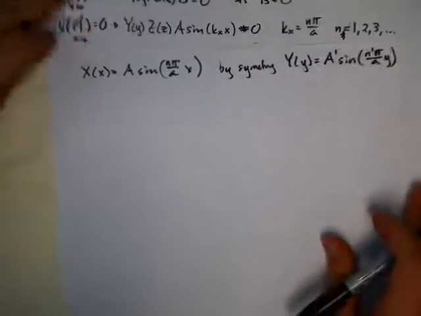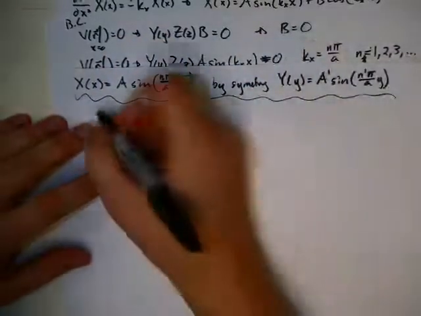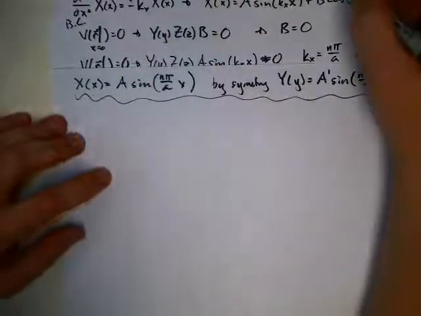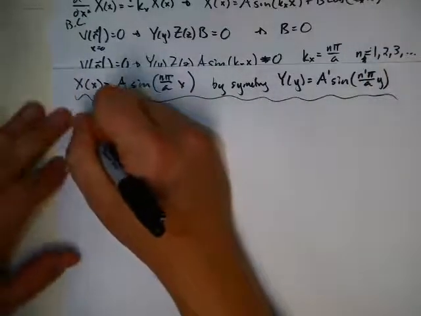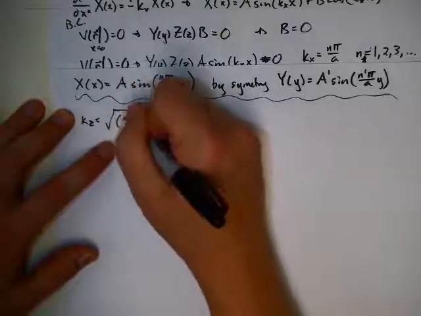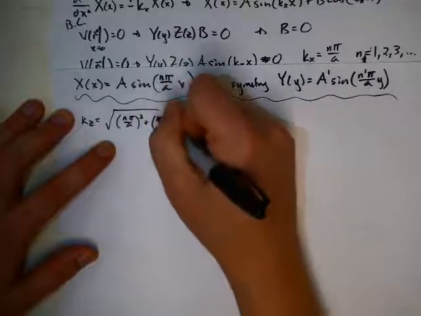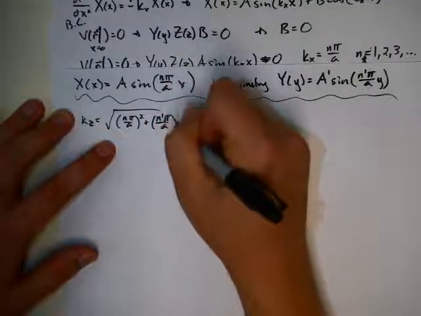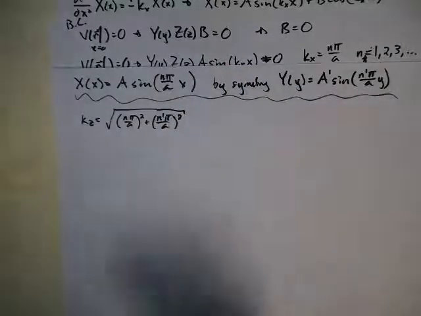Now we can look at the z differential equation. For simplicity, I now even know what this kz looks like. This kz is the square root of (n pi over a) squared plus (n prime pi over a) squared. But for simplicity, I'm not going to actually write any of this down.